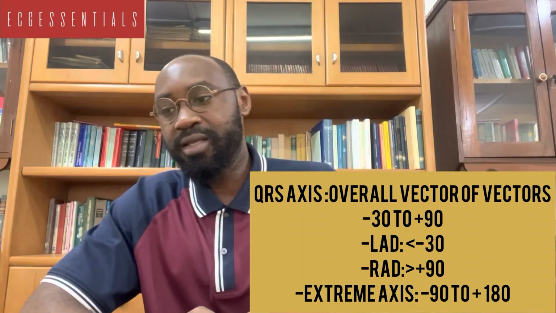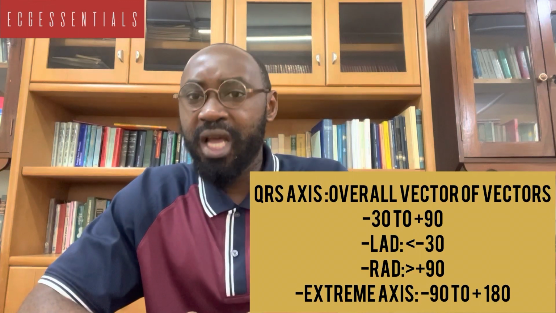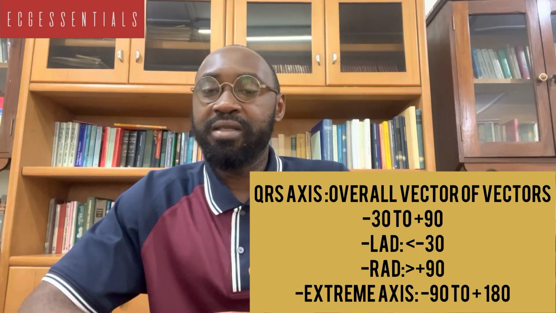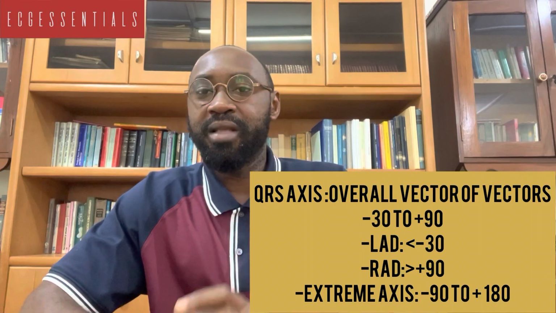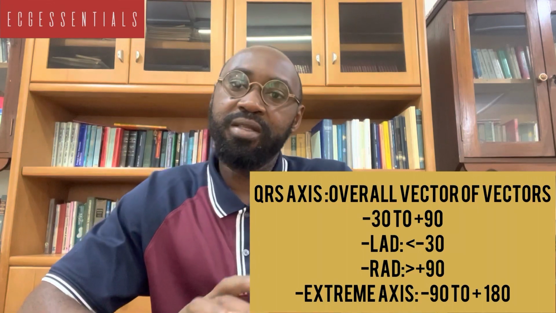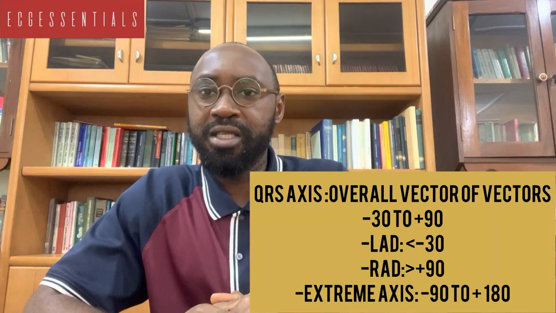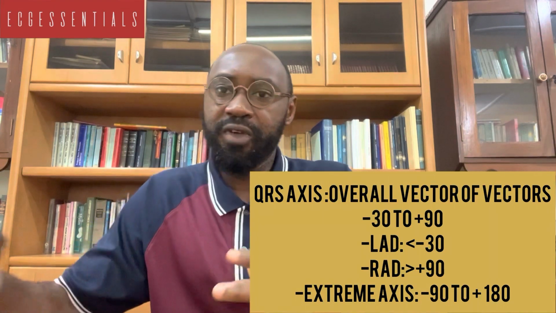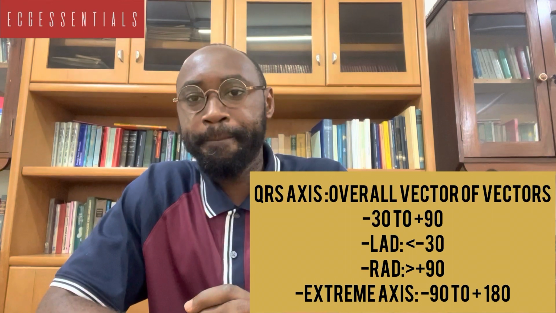So when we talk about a left axis deviation, all we are saying is that the axis is deviated beyond -30. And when we talk about a right axis deviation, all we are saying is that the axis has moved beyond +90 in terms of its orientation as a vector.